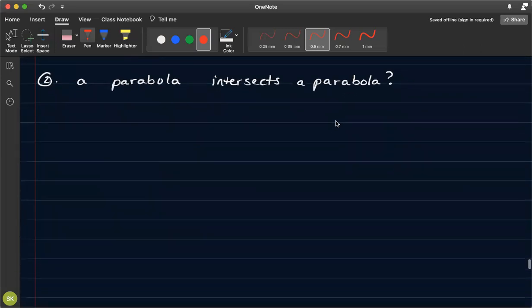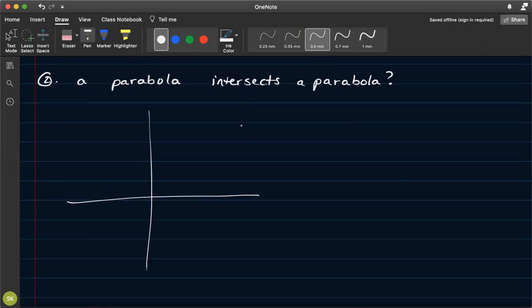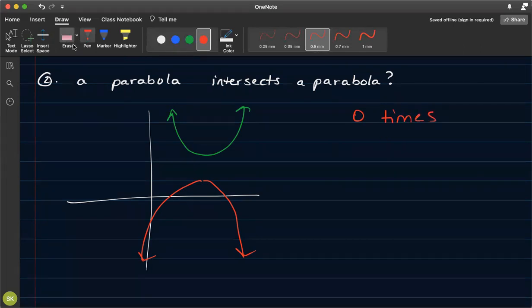What about a parabola intersecting a parabola? Well, let's see. What are the possibilities? Here's a parabola. And let's give another one. Here's another parabola. This one's pointing up, this one's pointing down. It's possible for 2 parabolas not to intersect at all. I could shift this parabola up where the two vertices, like this bottom point, could touch like this.